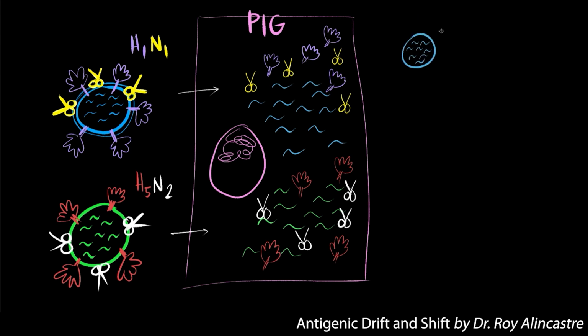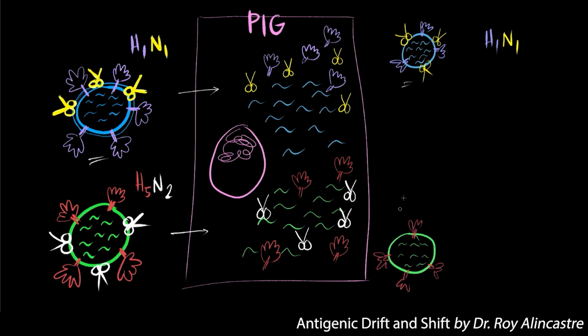One virion receives all blue segments, and thus it has the yellow and violet proteins, similar to the original virus, so the name would still be H1N1. Another virion receives all green segments, so it will have the red and white proteins. And again, like the original, it is H5N2.